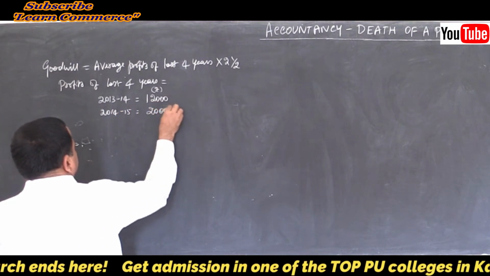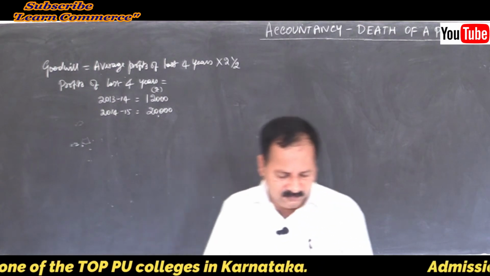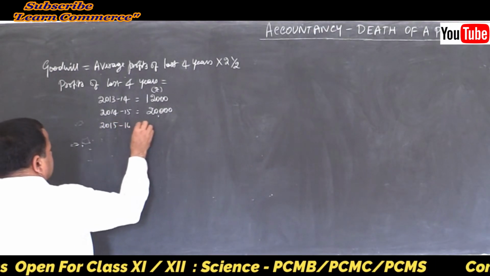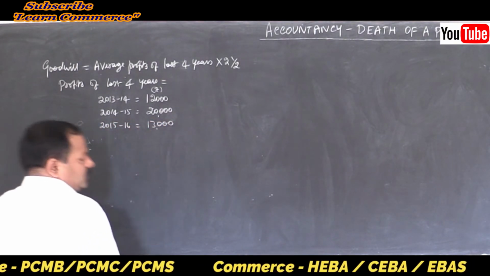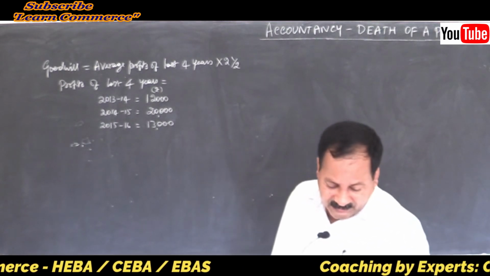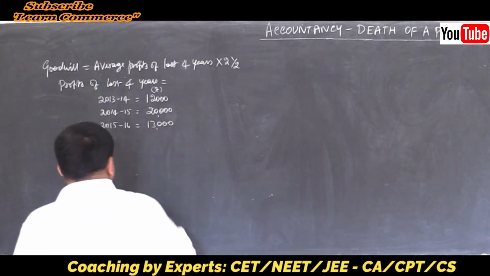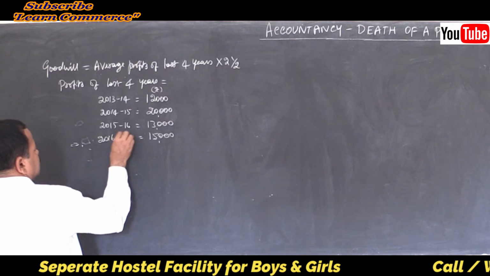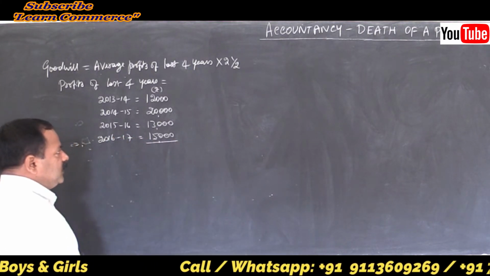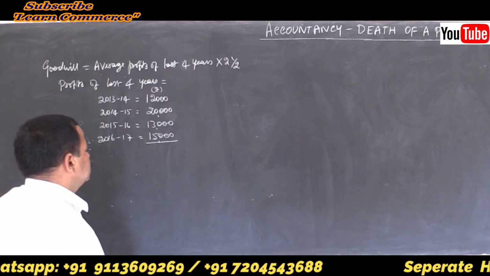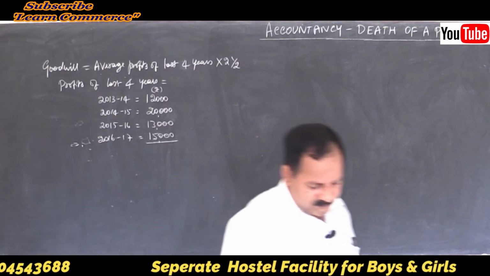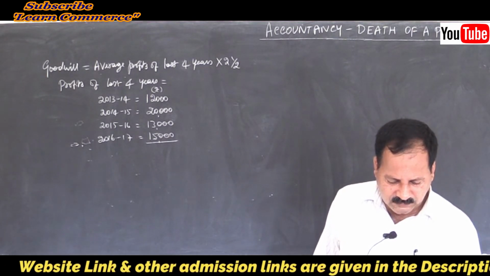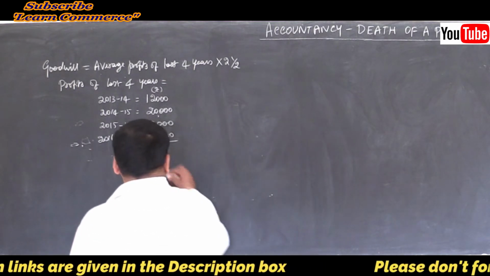Then 15, 16, 13,000. And 16, 17, 15,000. Now, take the total. How much it will be? 60,000, is that correct? Yes, 60,000.